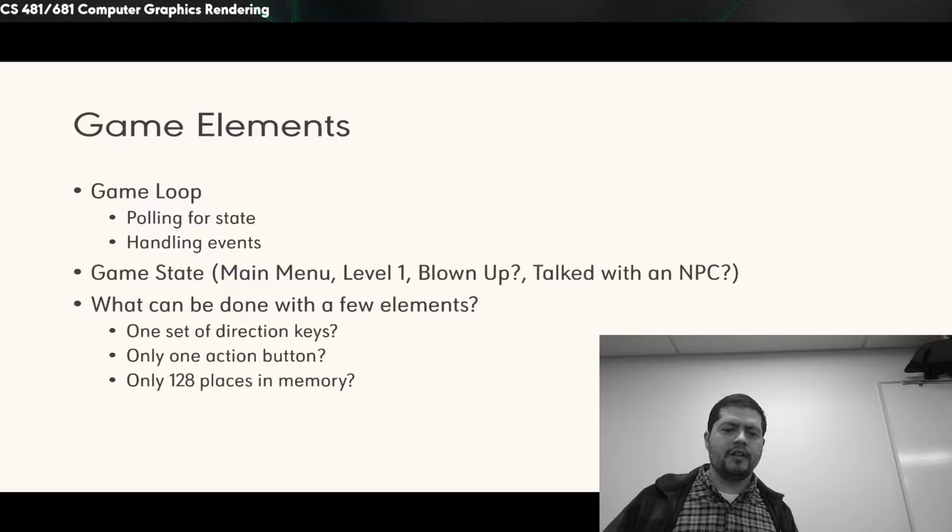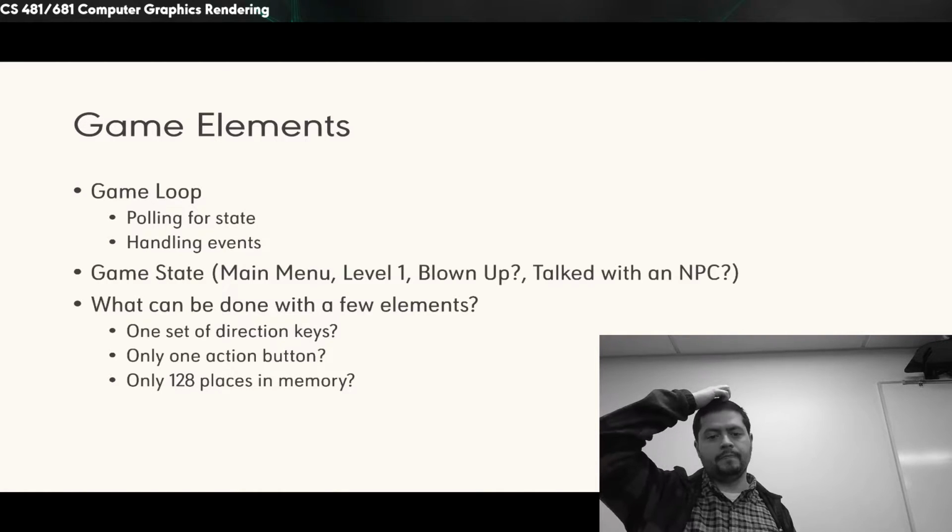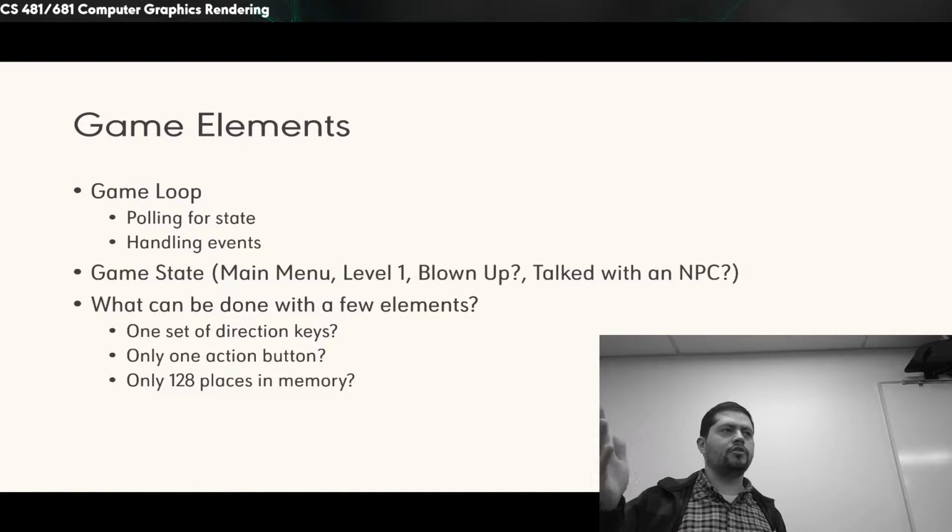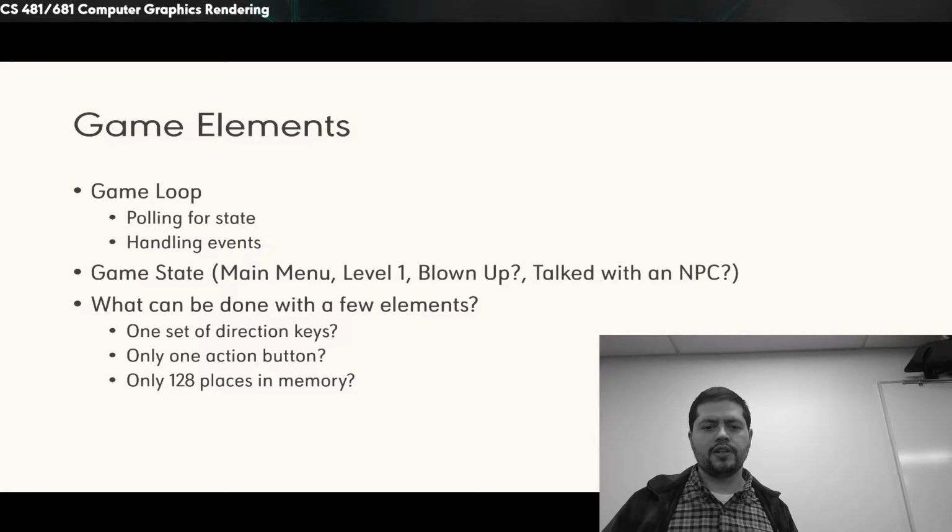So, for example, main menu, you're keeping track of, okay, what are all my settings? Am I playing an animation in the background? What kind of music is playing? Is it still playing? Do I need to restart it? Do I need to play a sound effect because the mouse got moved over a button or it got pressed, and so on. So the main menu has its own set of state you've got to keep track of.